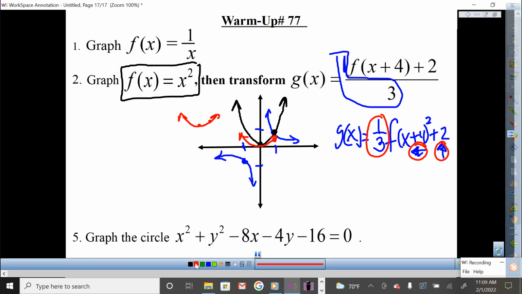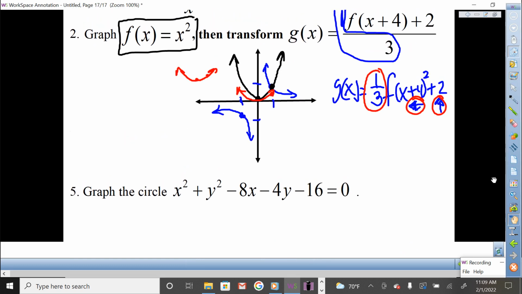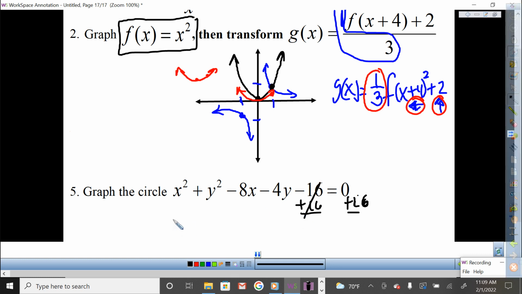All right, last but not least, circle. Let's see, for this circle, we should have done completing the square, yeah, plus 16 to each side. And then you should have x squared minus 8x plus y squared minus 4y equals 16.